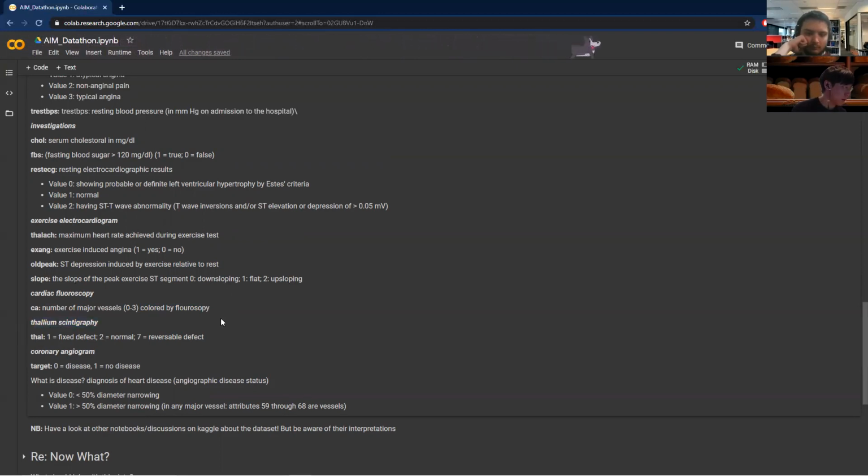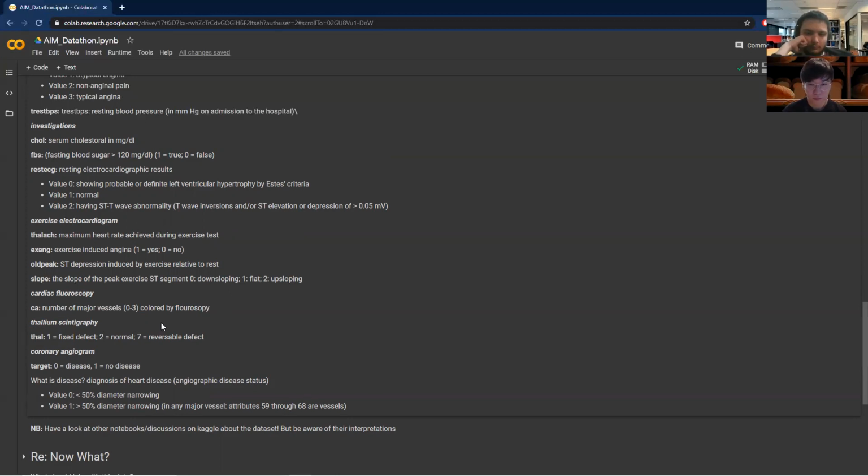The other thing they did was a Thallium scintigraphy. I'm not too sure if that's really done much, but this is one of the results that they recorded as well. That's basically where they inject a radioactive isotope of thallium, I think.